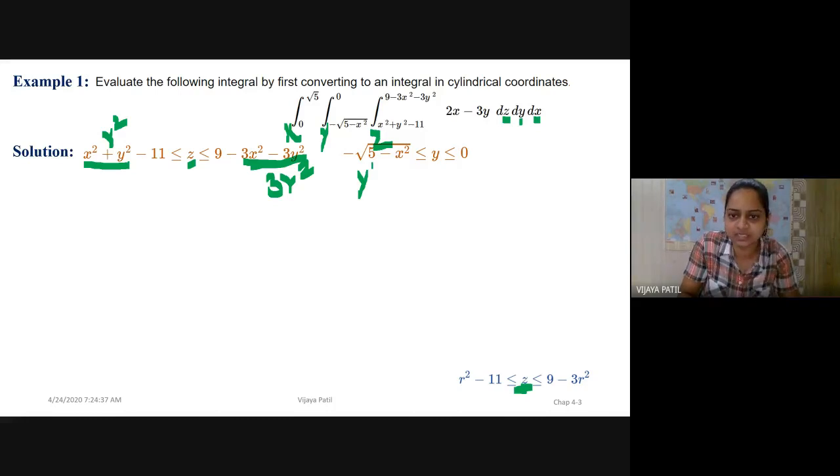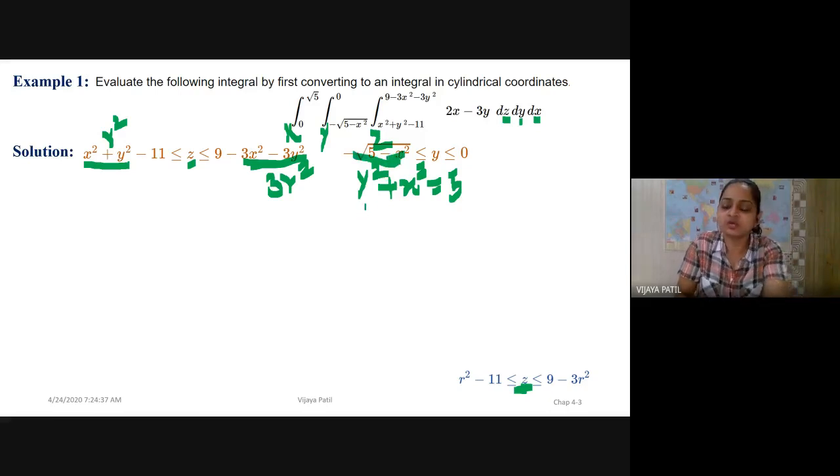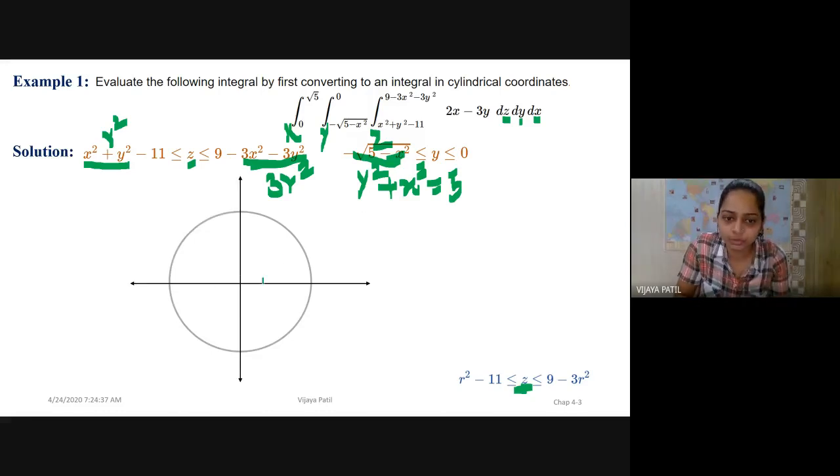If I remove the square root, it is nothing but y square plus x square equals 5. I'm talking about the lower limit of y. This is nothing but a circle with center at origin and radius root of 5.